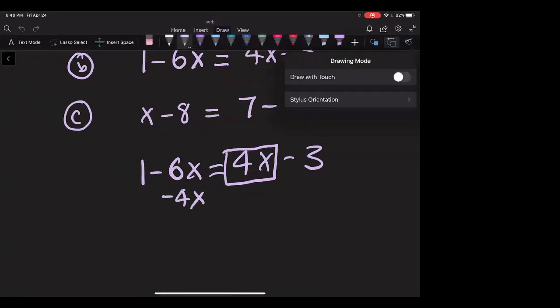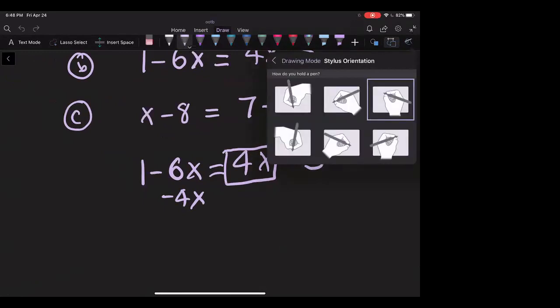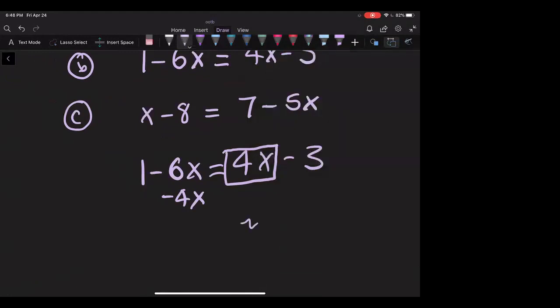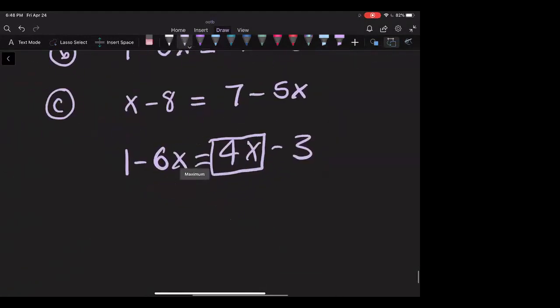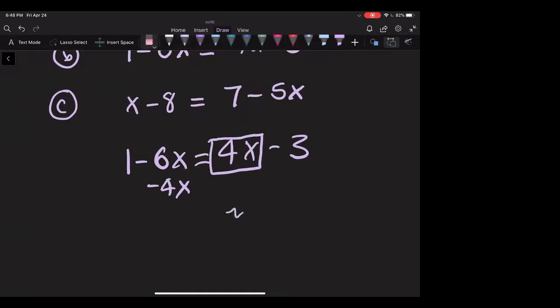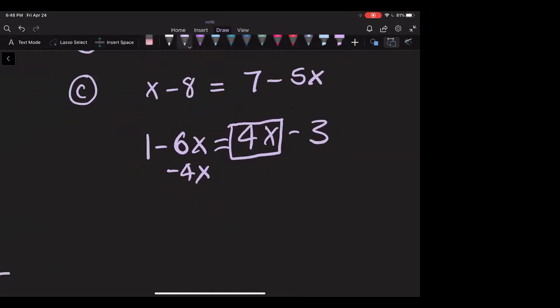Okay, there we go. So then that's 1. What's negative 6 minus 4?